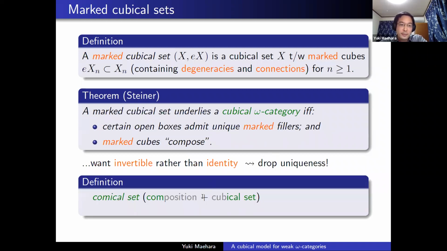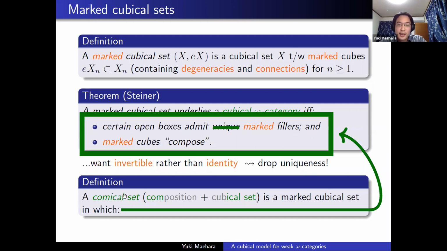That is our definition. A comical set, comical being a shortening of composition and cubical set, is a marked cubical set in which these two conditions hold, except for the uniqueness bit. Right, so this is our cubical model in the title of this talk.